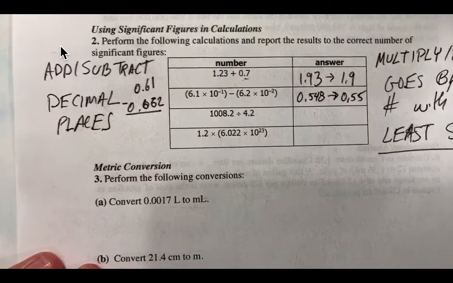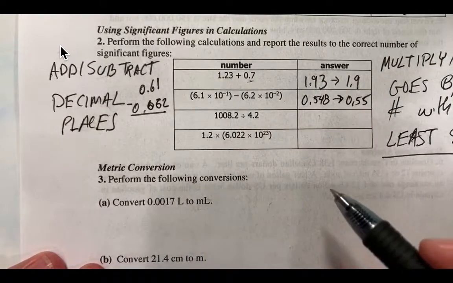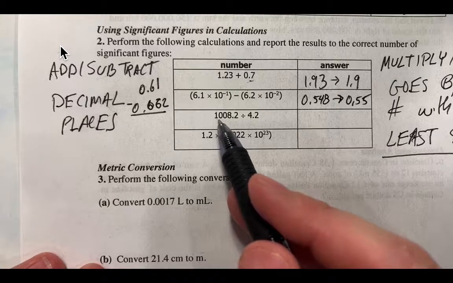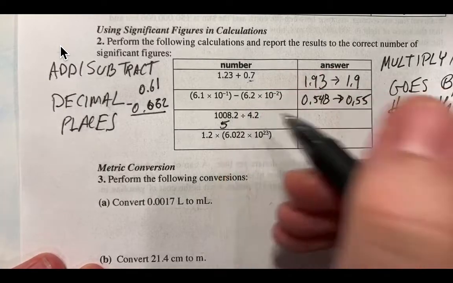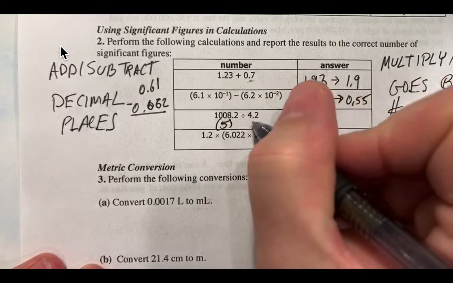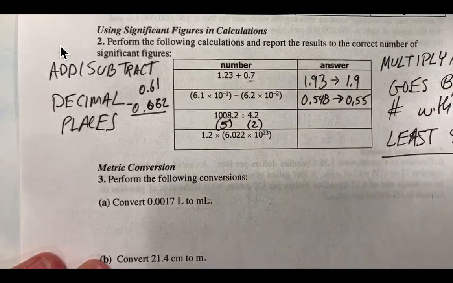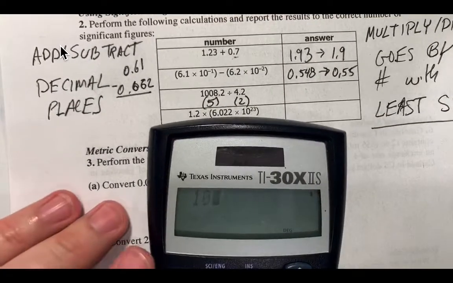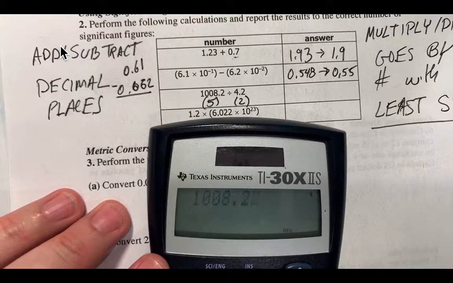All right, and then these last two, I find these to be much easier. This rule, and I'll show you how it works. So 1, 2, 3, 4, 5 significant figures here. There are 2 sig figs here, and so the answer has to have 2. 1008.2 divided by 4.2.